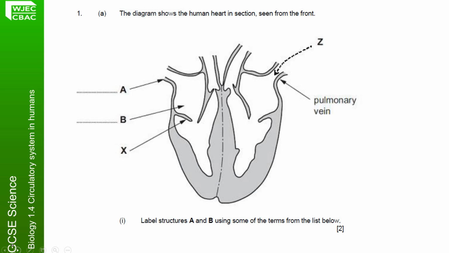Have a go at labelling up A and B, okay, and then we will go over the answers, and have a go at doing parts 2 and 3 at the bottom of the page and over the page on page 27. Once you've finished, pause the video and we will go over it, and you can self-assess it using the mark schemes that WJEC provide.